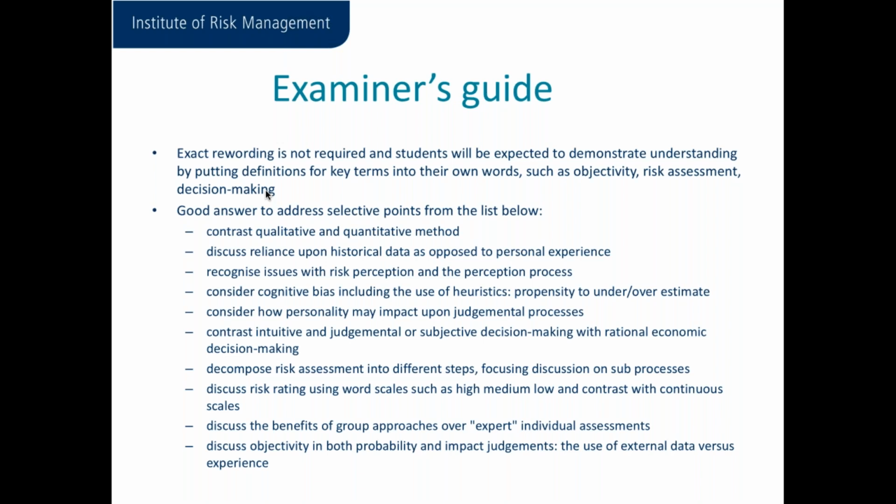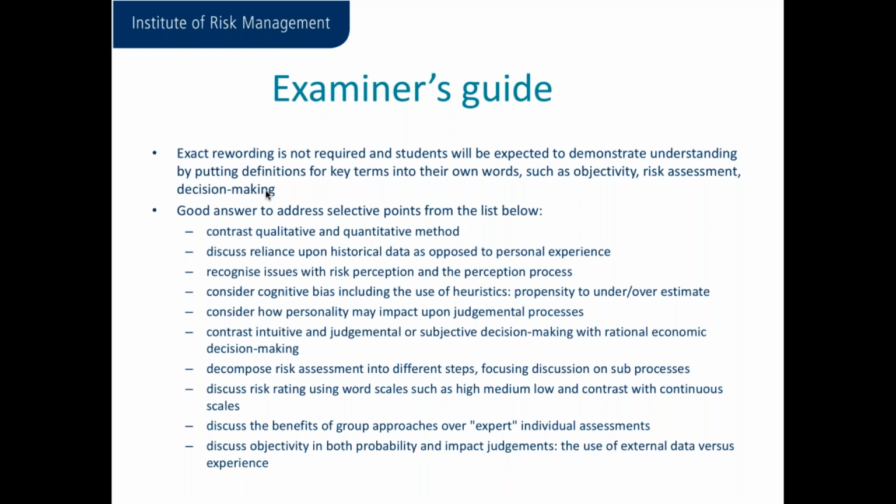Decompose risk assessment into different steps, focusing discussion on sub-processes. So, talking about analysis, bringing that out, talking about evaluation using the risk matrices. Discuss risk rating using word scales such as high, medium, and low, and contrast those with continuous scales. So you've got more tangible figures in there, more understanding, less ambiguity.